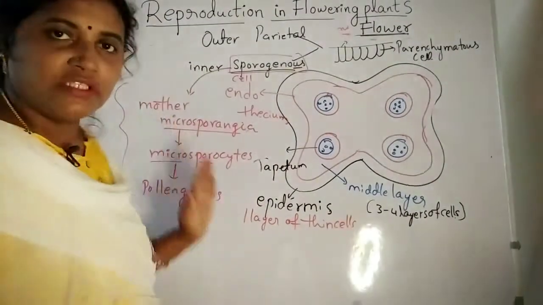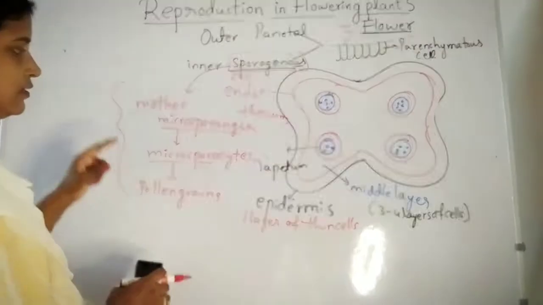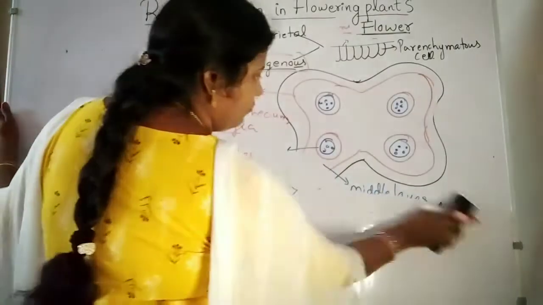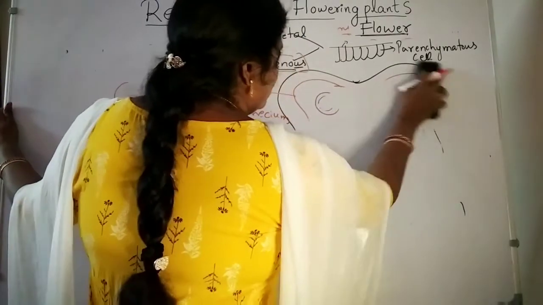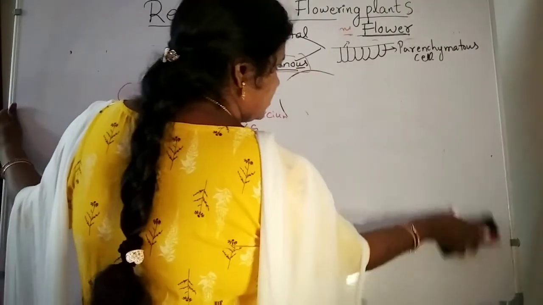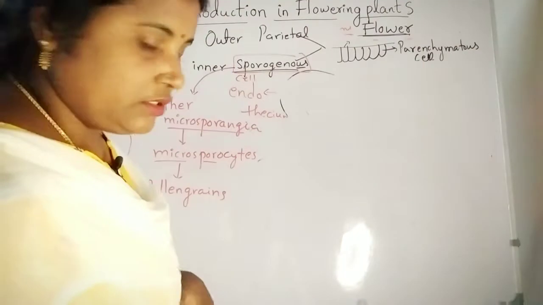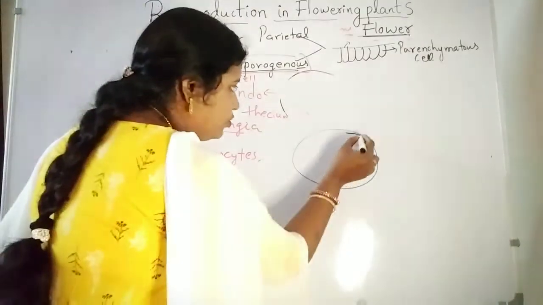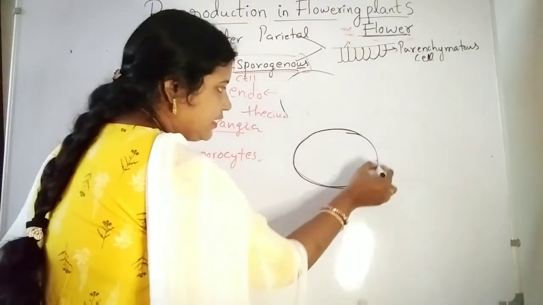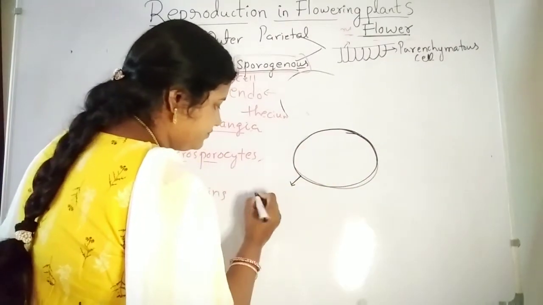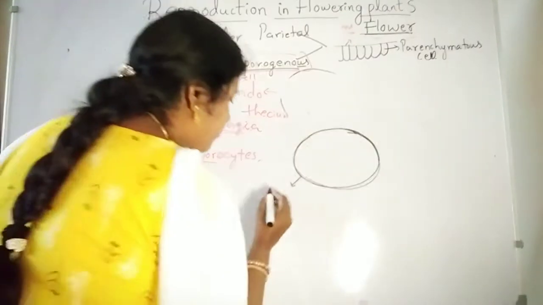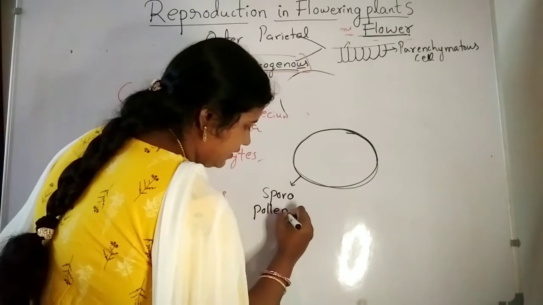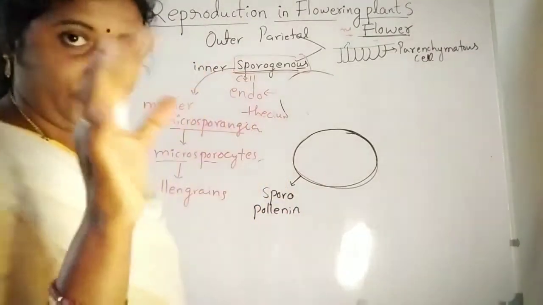So during this process, this microsporocyte, see here, imagine this is a microsporocyte. The outer layer is formed by what? Sporopollenin. It is made up of sporopollenin.